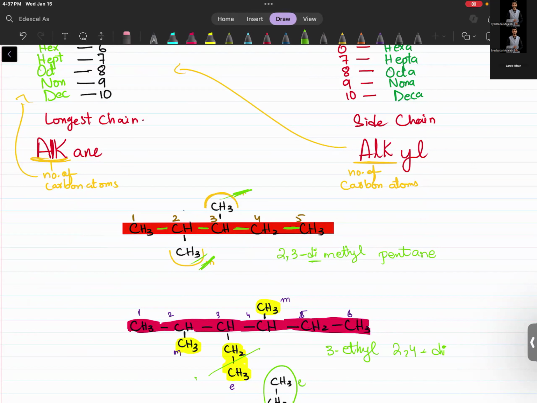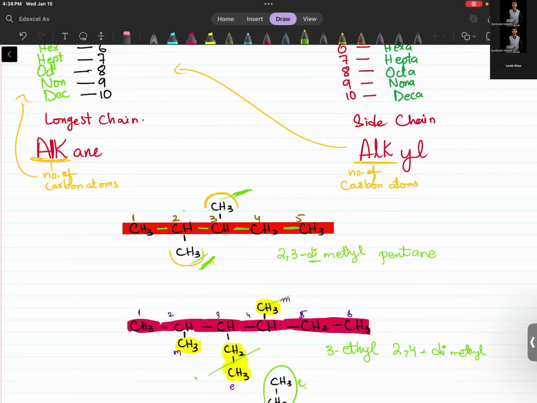Got it? Yes, sir. 3-ethyl, 2,4-dimethyl. So it's like 3-ethyl-2,4-dimethyl.